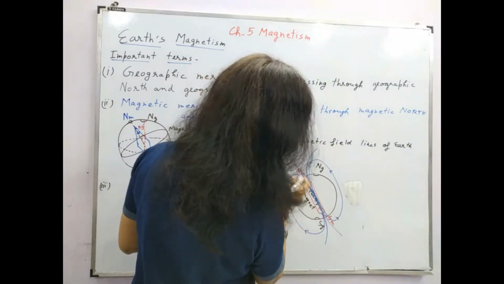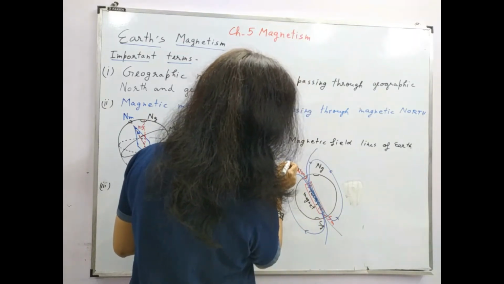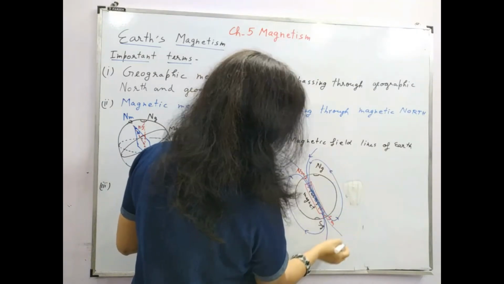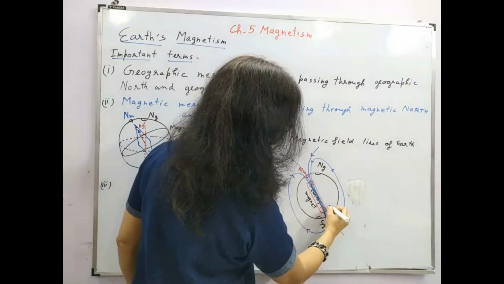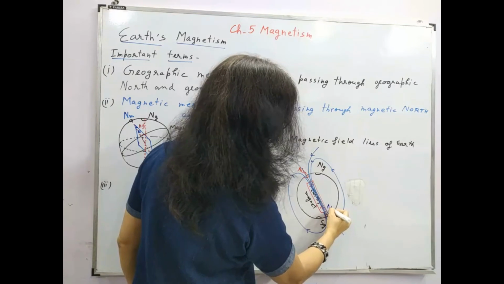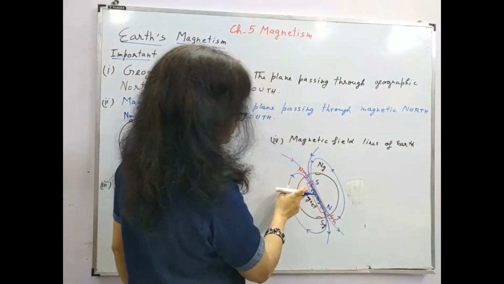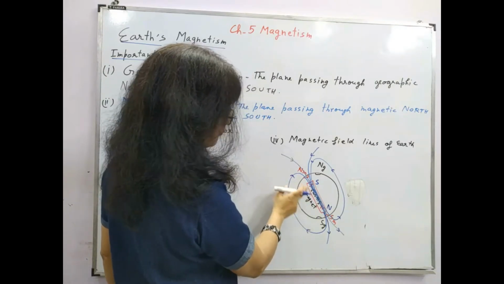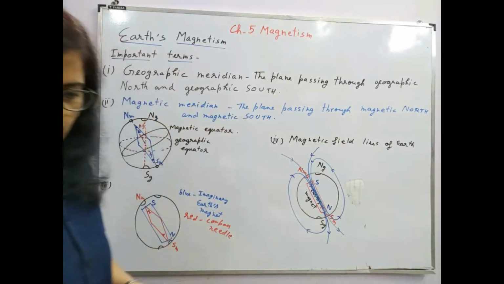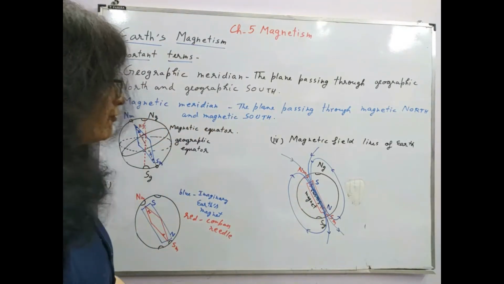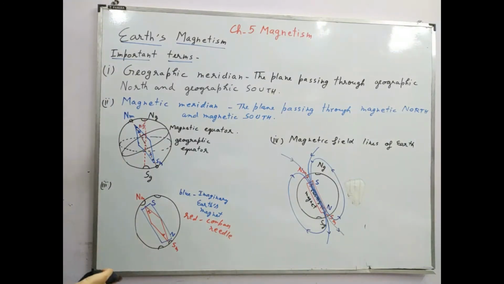These must not cross each other. They start from north and enter the Earth's south, which is not visible behind the lines. So this was about magnetic field lines of Earth.